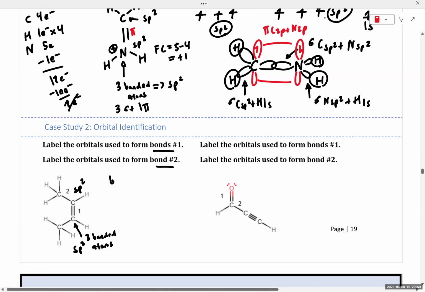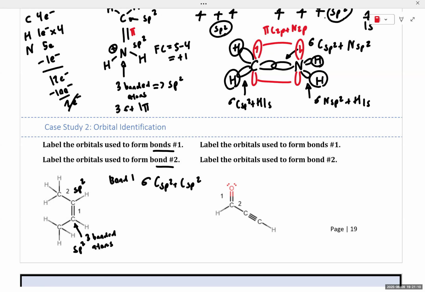So for bond 1, we have a sigma bond, which is the overlap of our hybrid orbitals, so carbon sp2 plus carbon sp2, and then a pi bond, which is formed via the overlap of the carbon 2p orbitals.